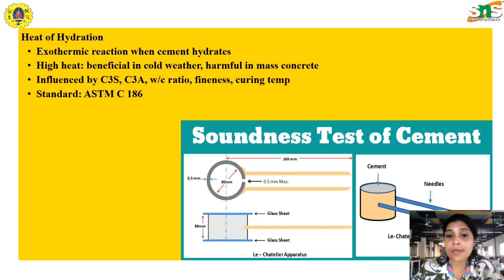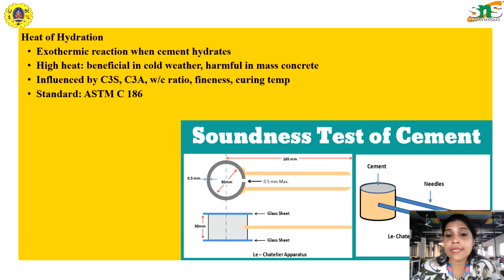The rate and amount of heat depend largely on the chemical compounds present in cement, especially tricalcium silicate and tricalcium aluminate. A high content of these compounds results in faster reaction and higher heat generation. Other factors like water to cement ratio, fineness of grinding, and curing temperature also influence this property.